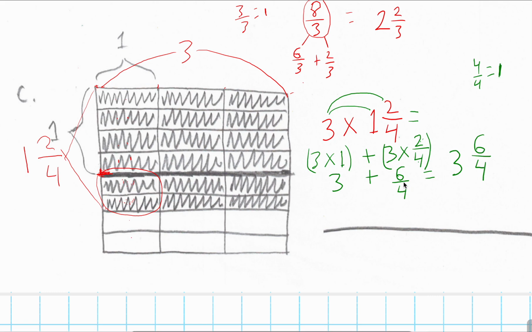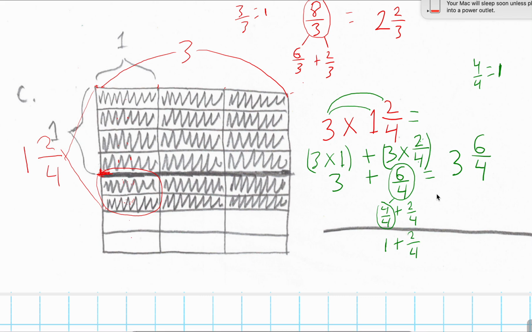So let's see what 6 fourths is actually equal to. Let's break it up into 4 fourths plus another 2 fourths, because 4 and 2 is 6. So that means this is the one whole right here. So one whole plus 2 fourths.